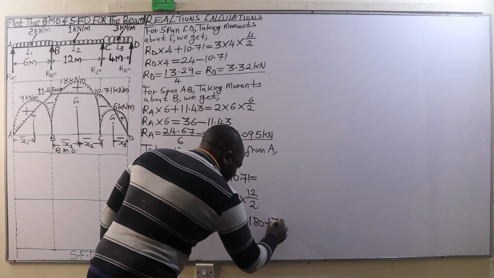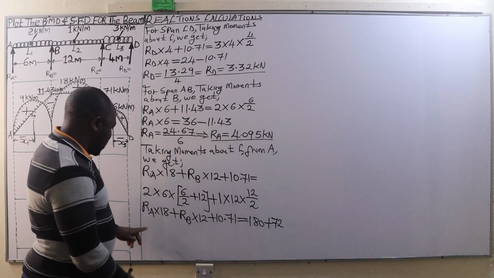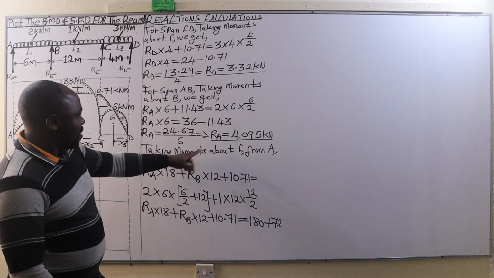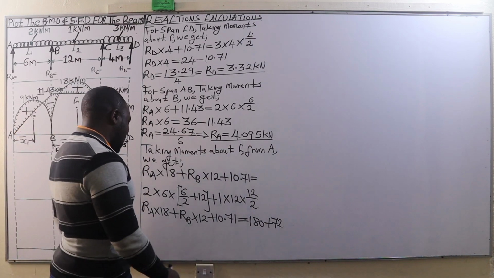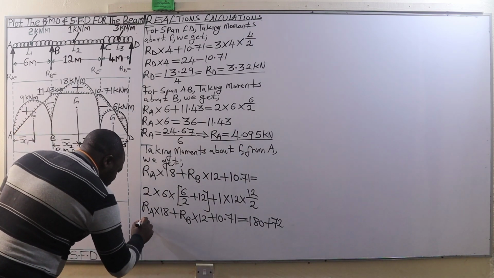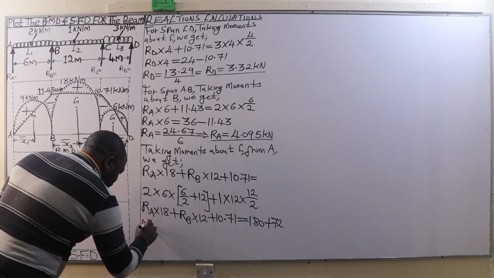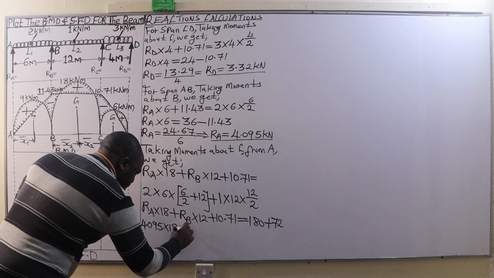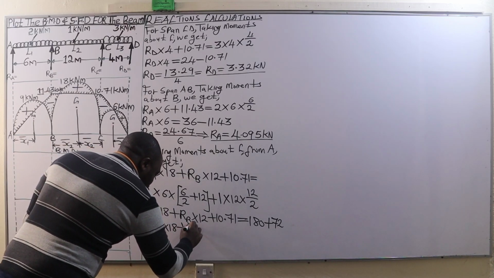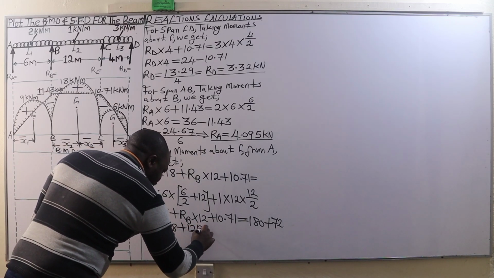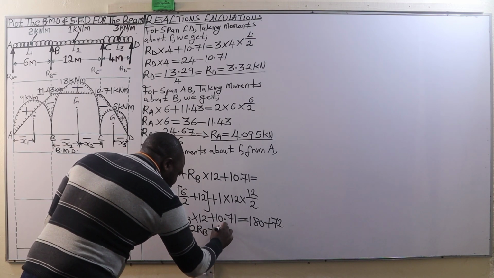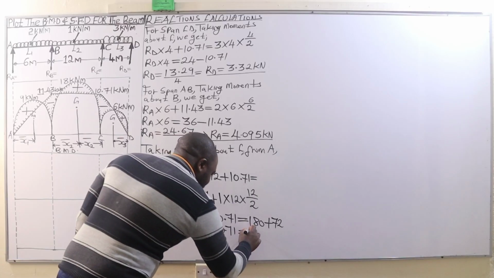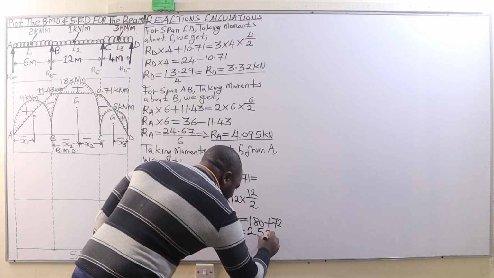So we add 72. Now, the reaction at A we already have, which is 4.095. So we have 4.095 times 18 plus 12 RB plus 10.71 is equal to 252.